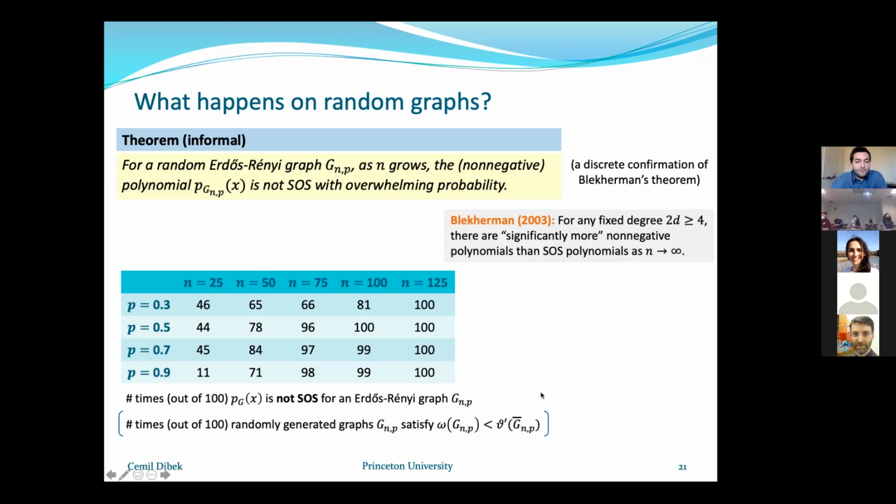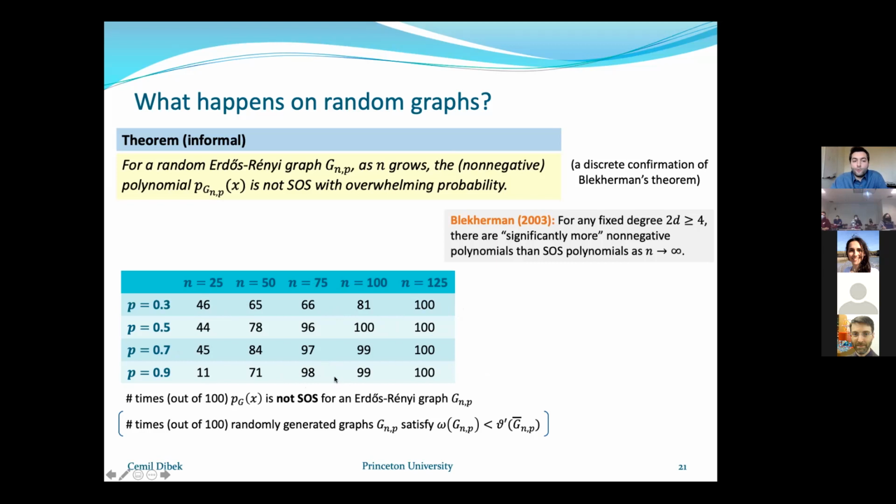So here, for different values of n and p, we have generated 100 different random graphs for each pair, and we have counted for how many of them they are not SOS. As you see here, even for n equals 75, 98 of 100 graphs are non-negative but not SOS.